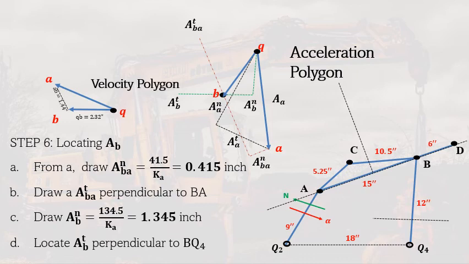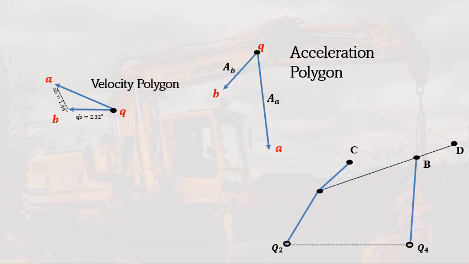Just like for example here, B relative to A, it is not absolute, it is relative, so that's why we draw it from the head of A. Same also here, the acceleration of B tangential, it's also relative to this line here. So that's how we can get the unknown acceleration. So we're able to get the acceleration of B. Now in our acceleration polygon, we already have the acceleration of A, and we also have the acceleration of B.